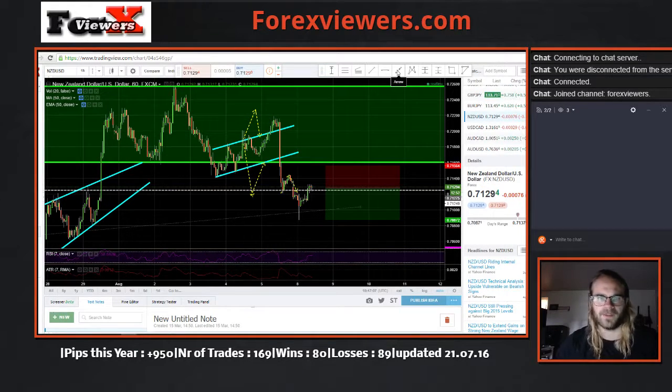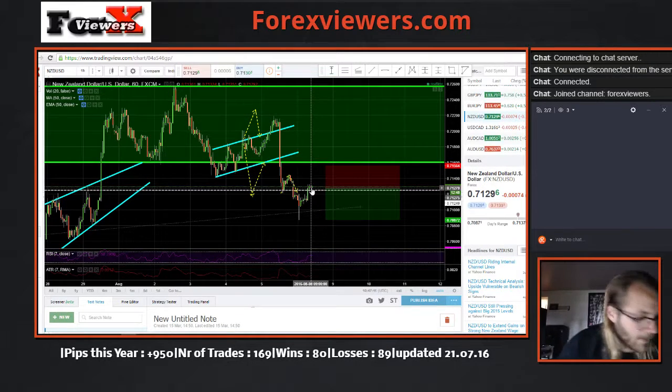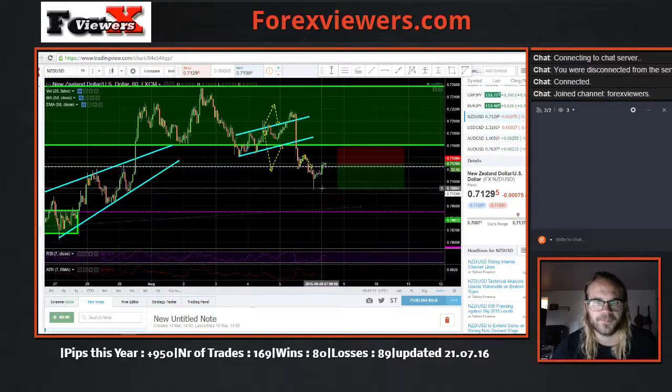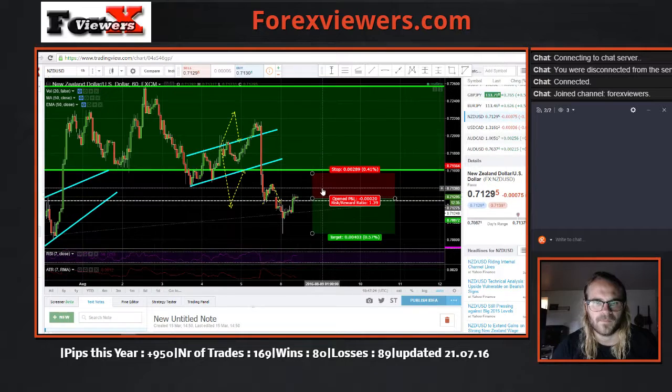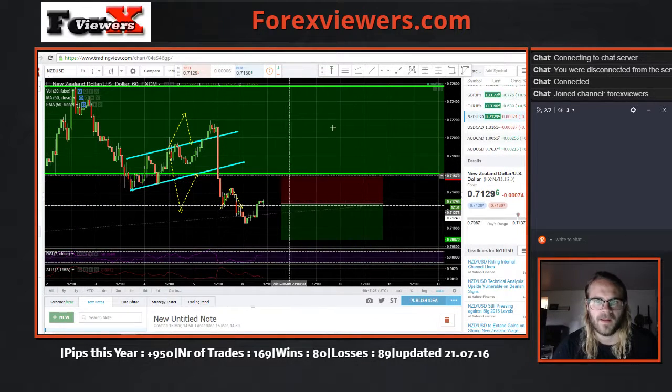Something more than these rows of doji candles here. But there can't be too much movement to the downside here to mess up the risk reward here.